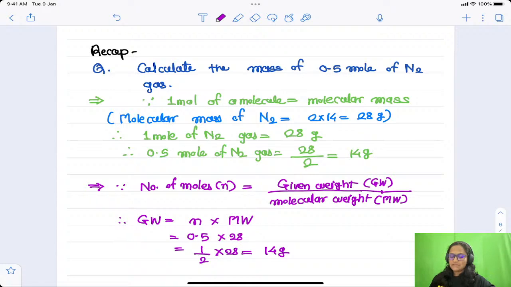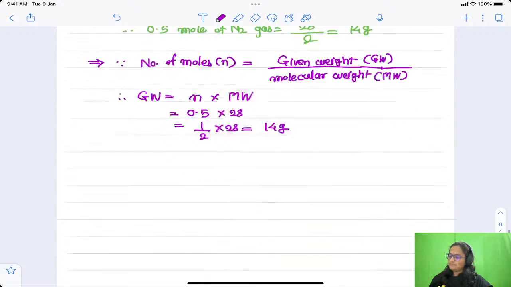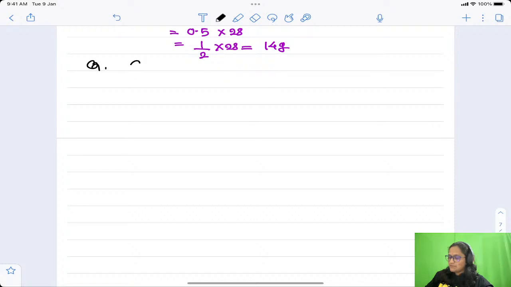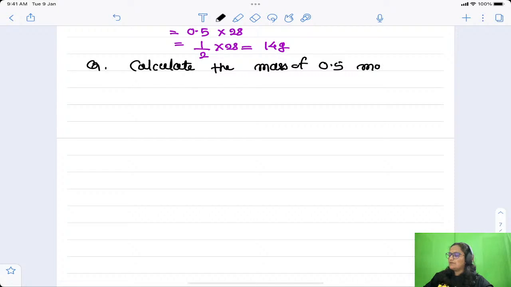One more question we will discuss. Calculate the mass of 0.5 mole of nitrogen atom.